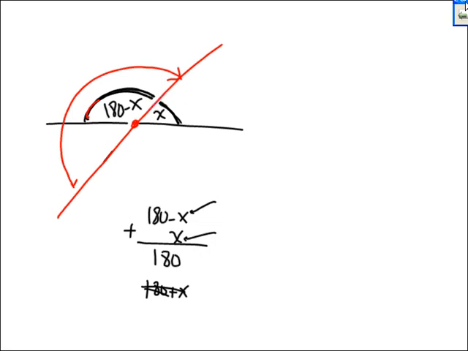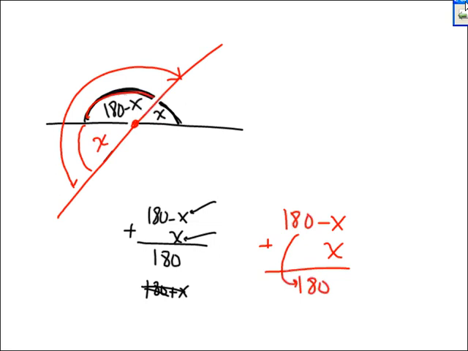Well, if we call this 180 minus x, whatever you add on in the other piece should add up to 180. If you have 180 minus x, what do you add on to get to 180? Well, you want the 180, you just don't want the minus x. Well, add x back. That is, this angle is x.